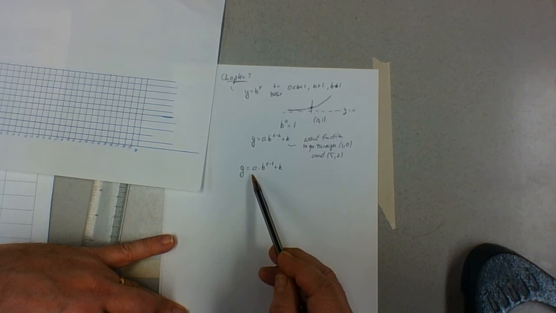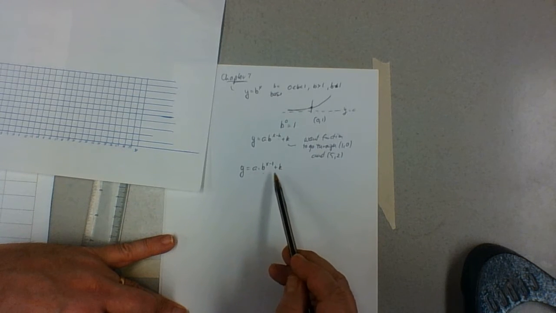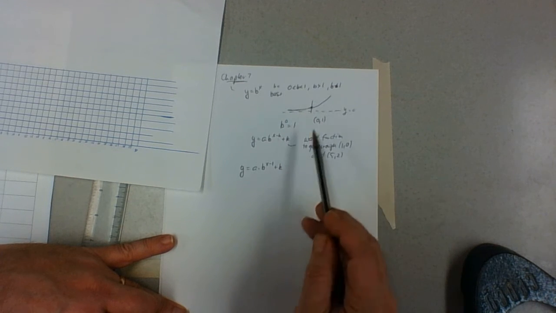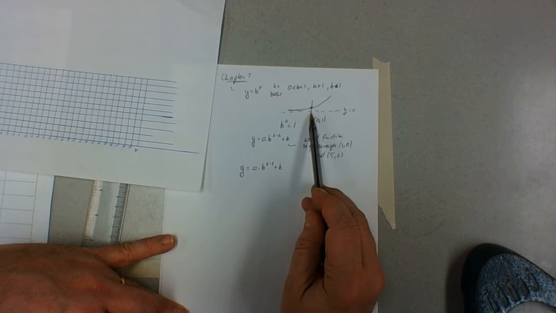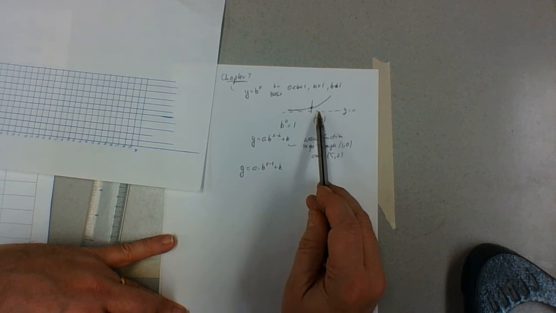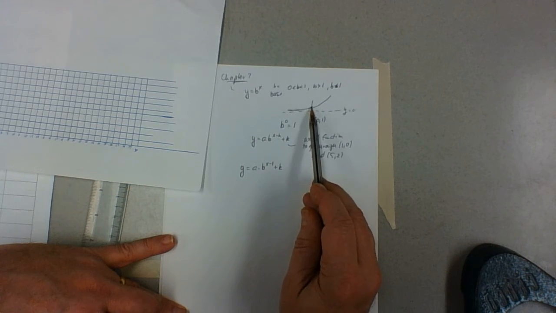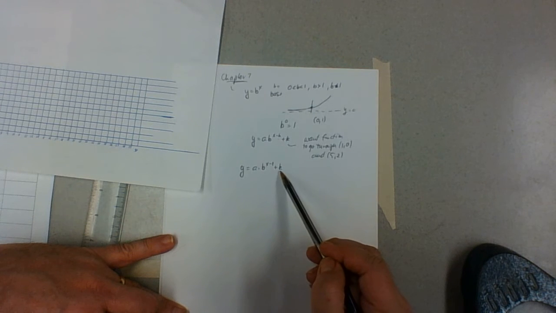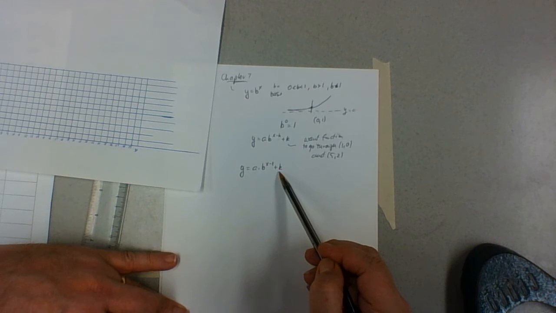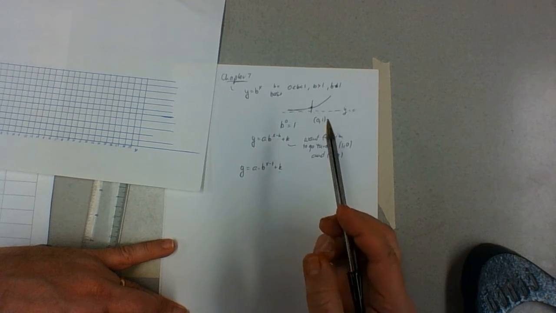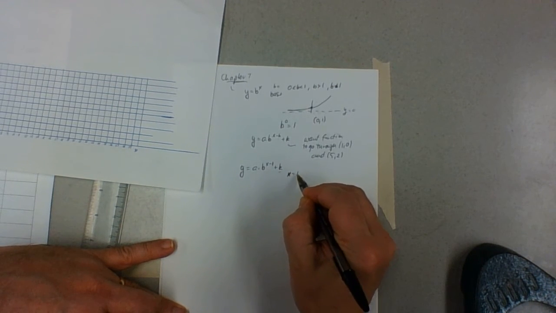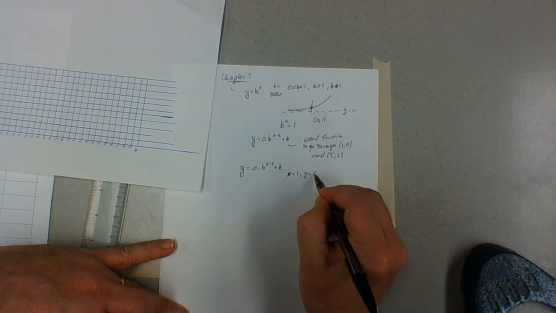Now, the tricky thing about an exponential function is that I'm going to have to alter these two constants simultaneously, so I can't just subtract 1 to lower this point down 1. So I want that point that I'm going to translate to move to (1, 0), but I can't do it by just adding or subtracting a constant k here, so I have to do it in 2 steps. So step 1, when x is equal to 1, I want y to be equal to 0.